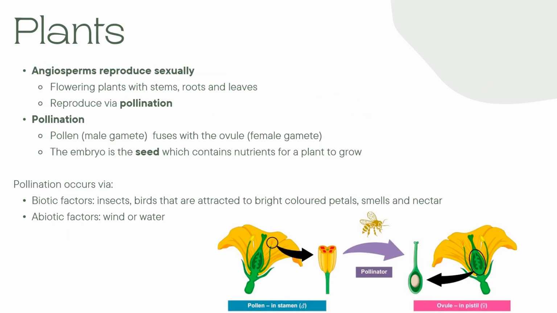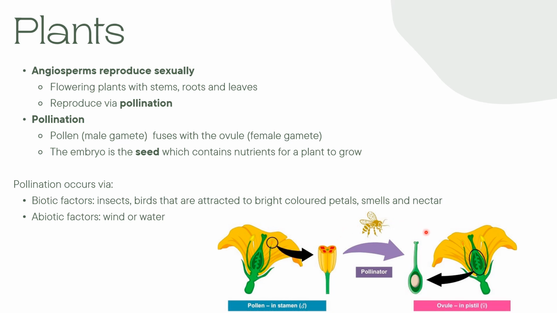Lastly, we have plants, and plants can reproduce sexually as well. So the plants that can reproduce sexually are called angiosperms. They are flowering plants, and they reproduce via pollination. So pollination is when the pollen, so the male gamete, fuses with the ovule, which is the female gamete. So we've got pollen over here. This is the stamen, which is the male part of the plant.